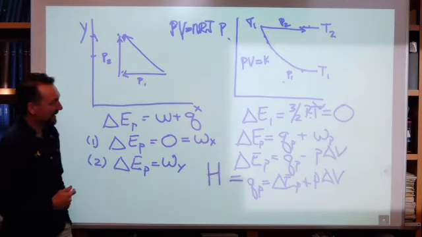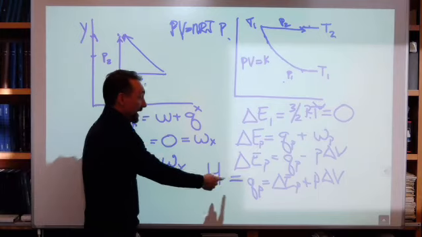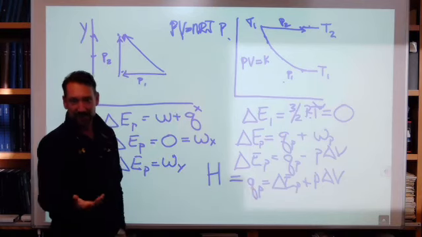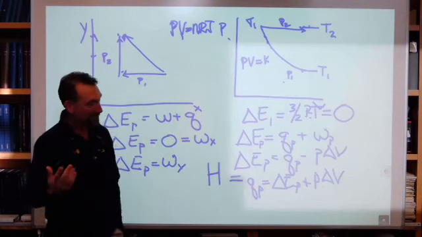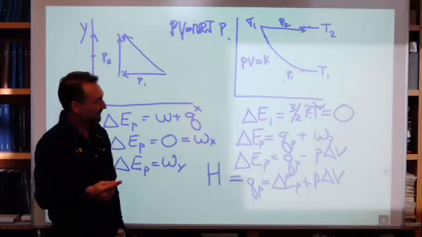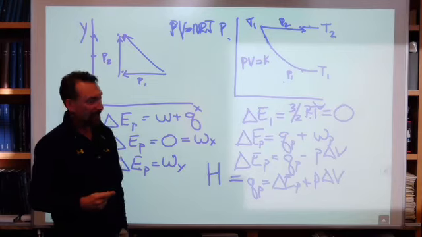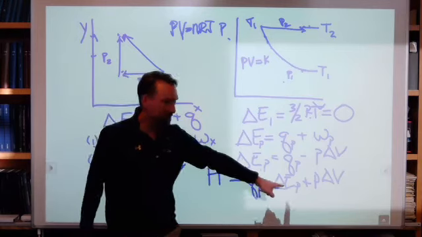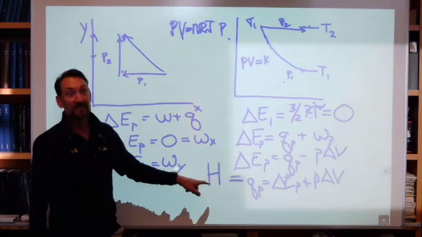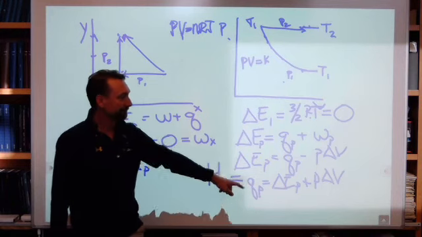This is a state function, and that's why we define it as a state function. This is easy to measure. It's the heat evolved at constant pressure in the laboratory. We can measure that. But it's a state function, so we can use it to compare to other things. This is just making our lives easier. You define H. E in general is kind of hard to measure. H is related to it very closely, but it's easy to measure because it's the constant pressure heat.